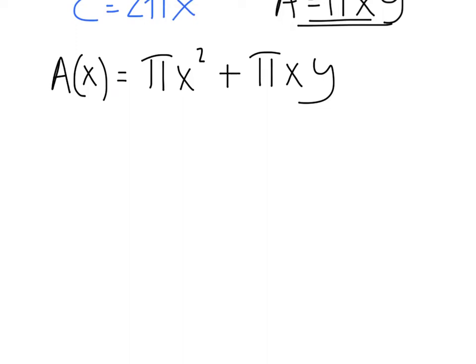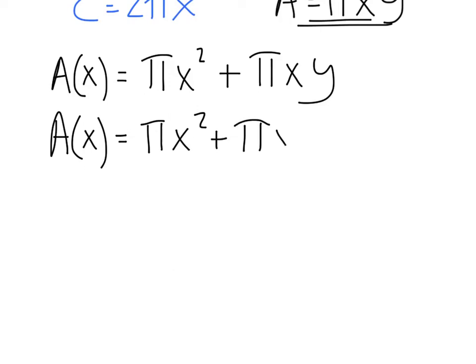Fortunately, y is something that we worked out earlier in the question, which means we can now substitute that in. So A of x equals pi x squared plus pi x multiplied by y from earlier, which we found to be 2v over pi x squared.